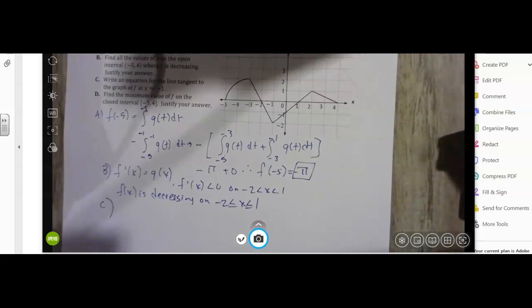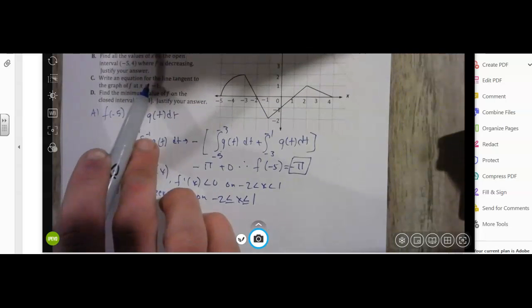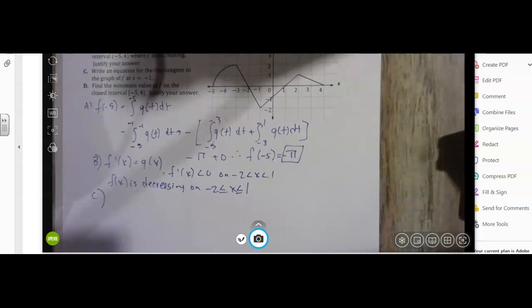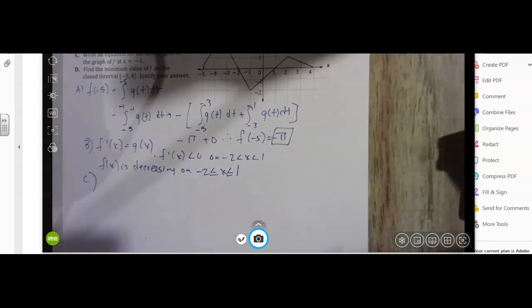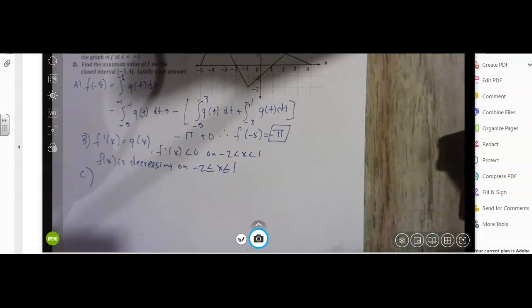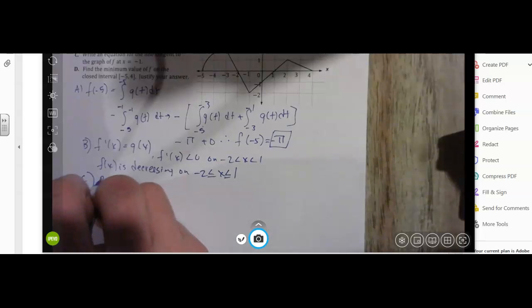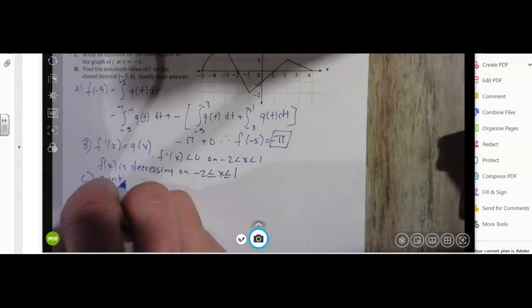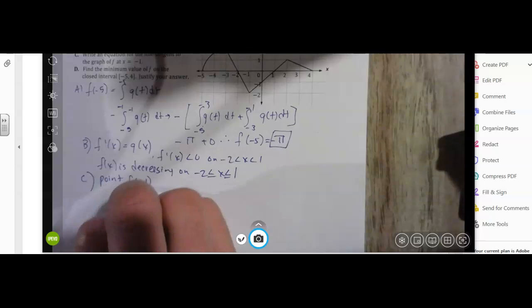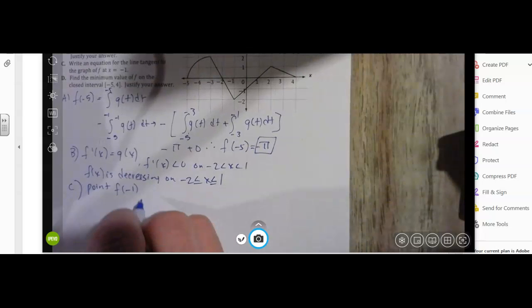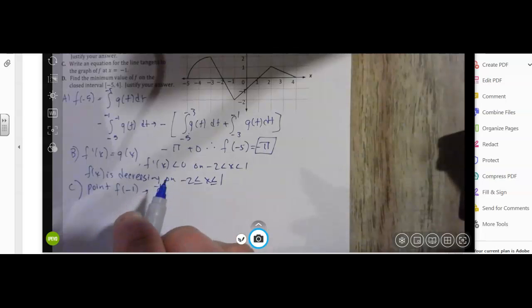Part C asked for the equation of the tangent line to the graph of f at x equals -1. So the equation of the tangent line, what does that mean? They're actually looking for the point f of -1, which basically means we have the integral from -1 to -1, because that's where it starts from.